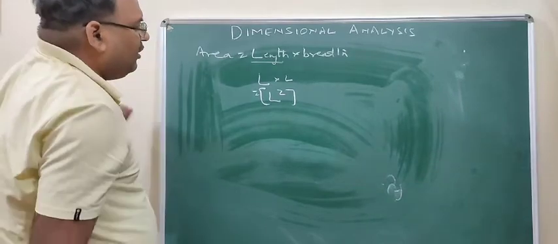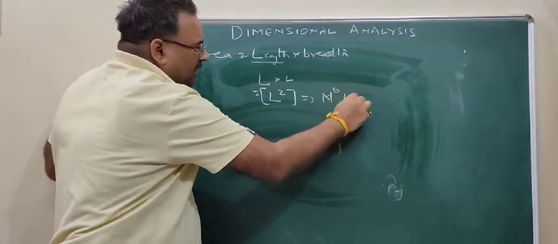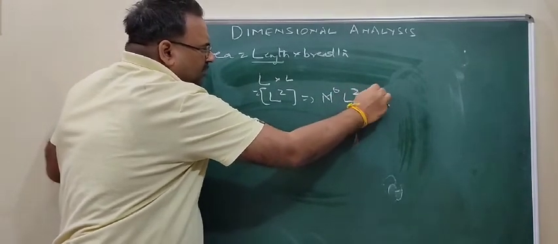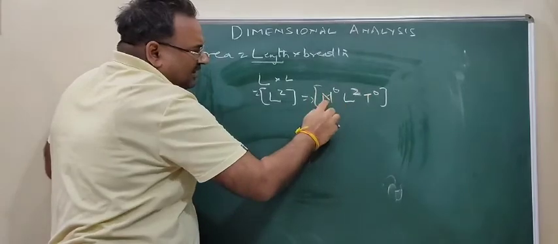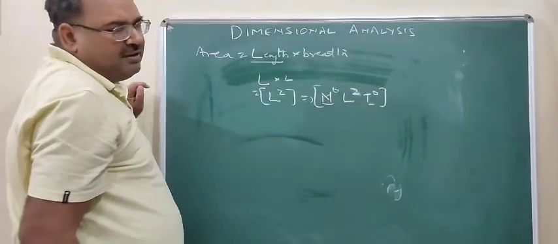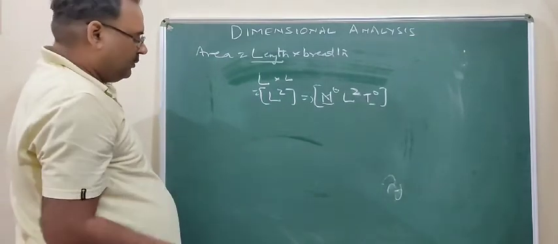We can also write in this term M raised to power 0, L raised to power 2 and T raised to power 0. But it's not necessary that you should always mention M and T. Okay, if they are raised to power 0, we can simply write L square also.